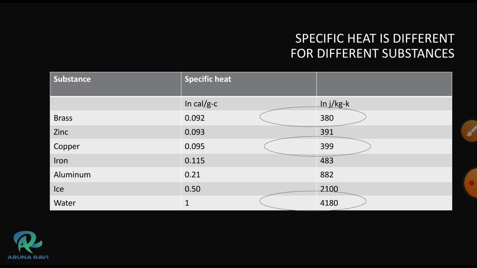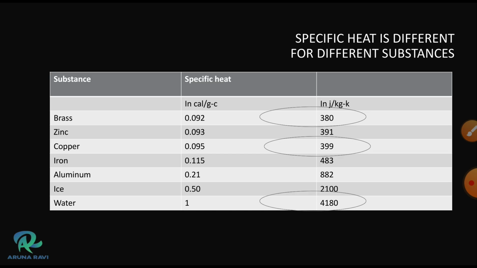Now, in the examination, they will give some substances and some specific heat values, and they will ask which substance is used for the preparation of the bottom of a cooking vessel. Then you have to pick the substance which has low specific heat value.